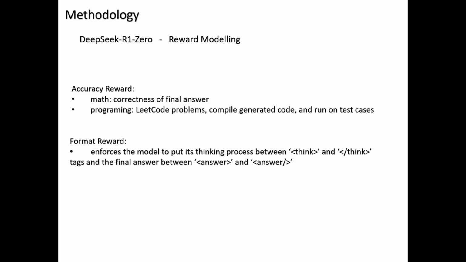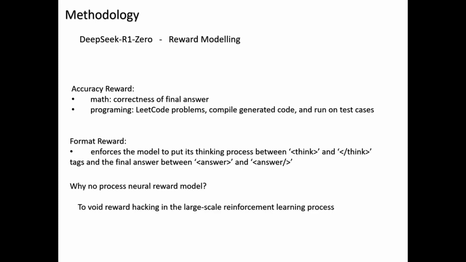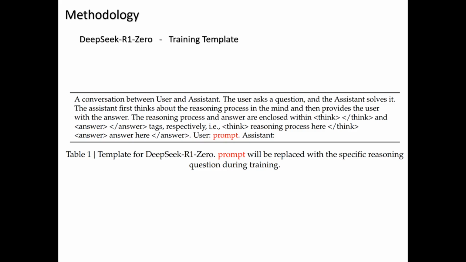They don't use a process-based neural reward model here because it could suffer from reward hacking in reinforcement learning, so they want to avoid this kind of problem. And here is the final template they use. The prompt instructs the model to generate both the answer and the reasoning processes.